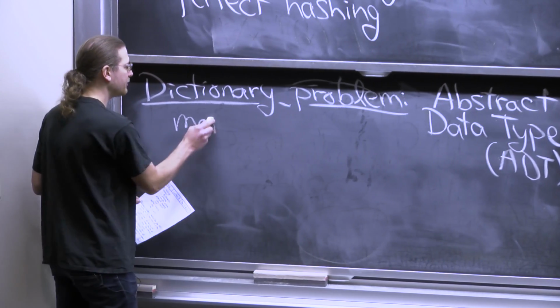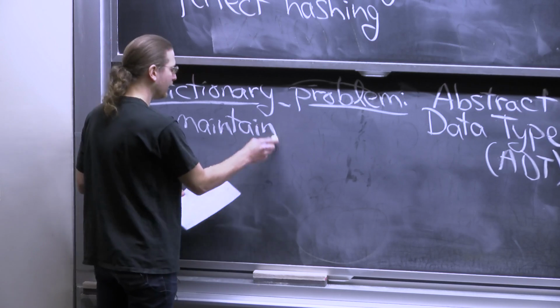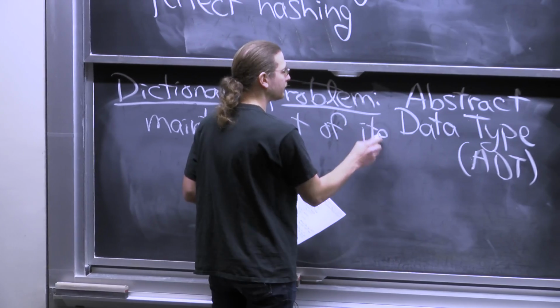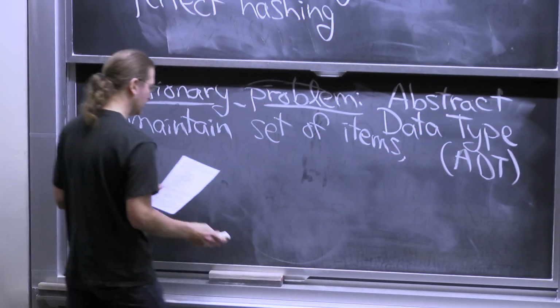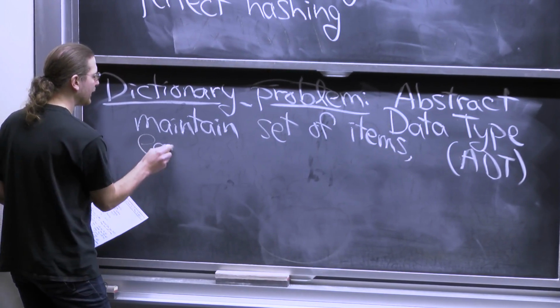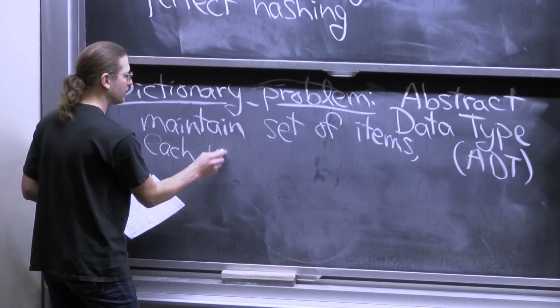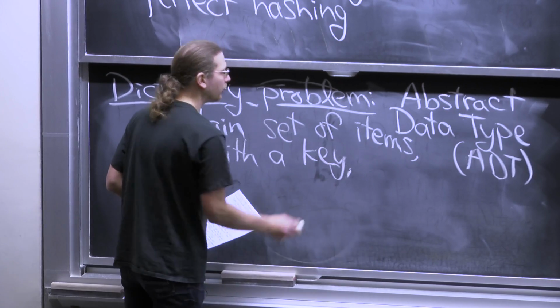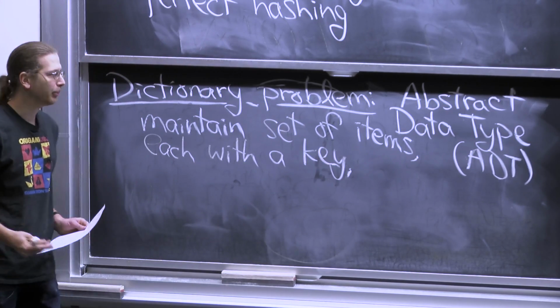So what we're trying to do today, as in most data structures, is maintain a dynamic set of items. And here I'm going to distinguish between the items and their keys. Each item has a key. And normally think of there also being a value, like in Python.